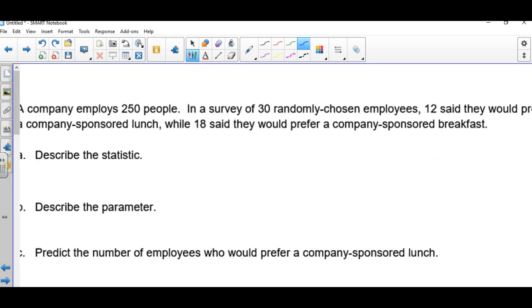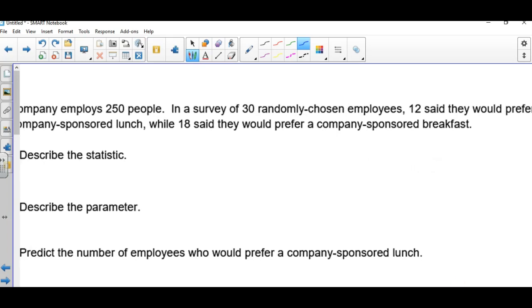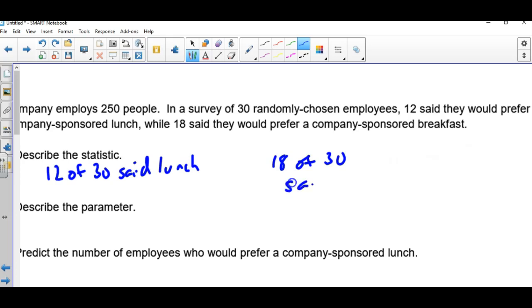Remember, statistics are the smaller sample. The sample and the statistics go together. So you have 12 of 30 said lunch, and then you also have this other one, 18 of 30, said breakfast.